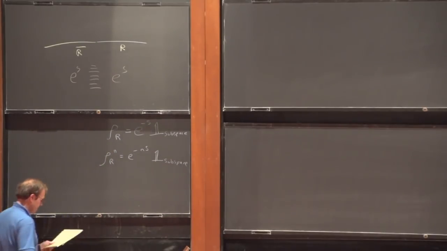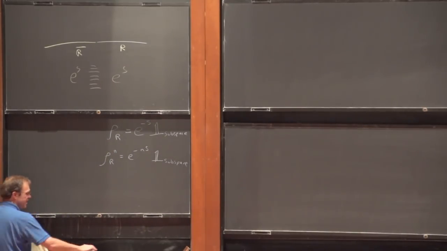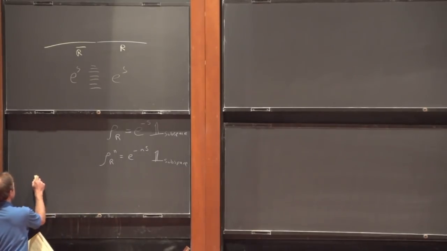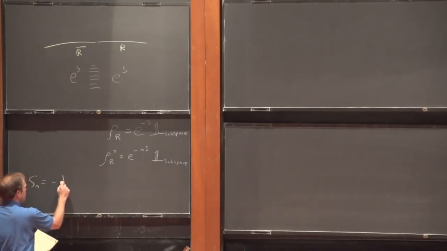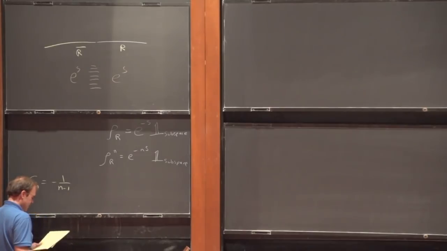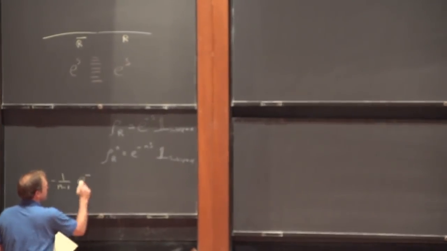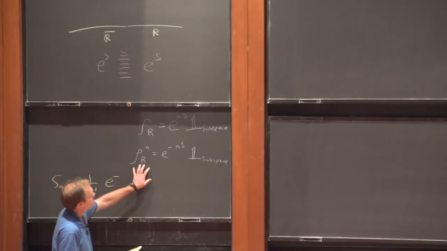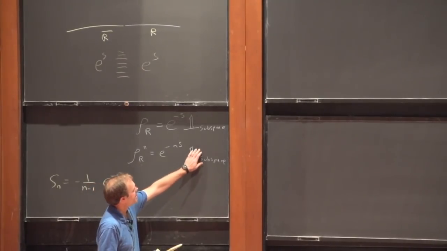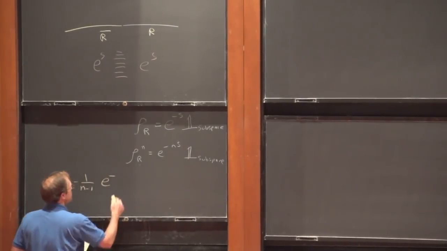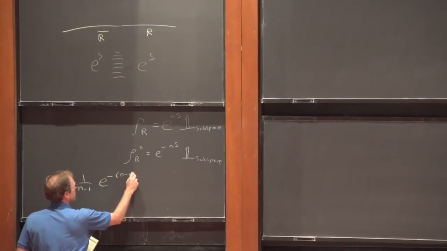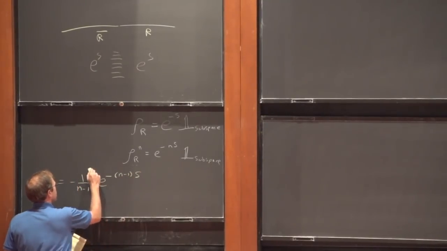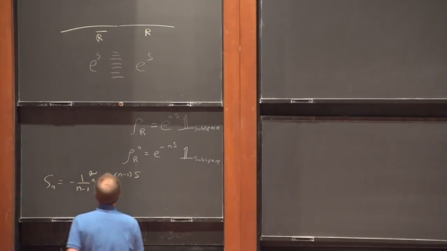As a result, if you compute, say, a Renyi entropy, the Renyi entropy S_n is minus 1 over n minus 1 times the log of e to the minus... If we take a trace of this object, I pick up another factor of e to the s from the size of the subspace. So I get an (n minus 1) s, and I forgot my log, which is of course all important.